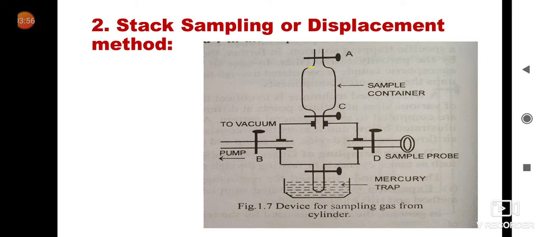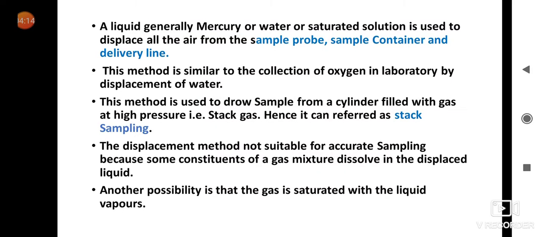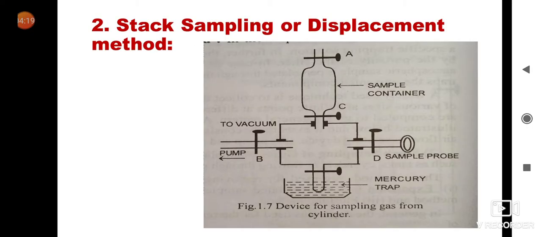Before connecting this container to the device, it will be evacuated properly. Then in this container we add water, a saturated solution, or mercury, so that our sampled gas will be stored over that liquid.